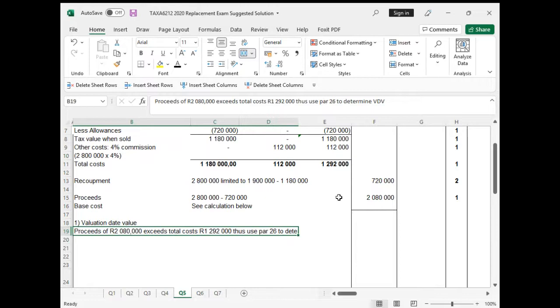The higher one you use as your base cost. If the proceeds was less than that, you would only apply your market value and your 20% of your proceeds. You would not apply the time apportionment based cost method. Okay.